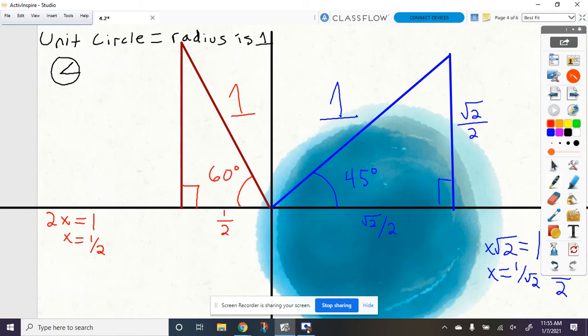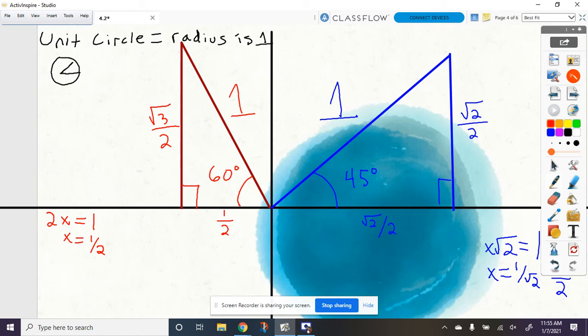And then remember that our height for a 30-60-90 is x times the square root of 3. So it would be 1/2 times the square root of 3. Well, what's a nicer way to write that? Square root of 3 over 2. I'm just going to combine them to be one fraction instead.